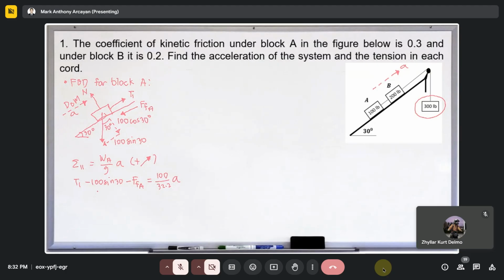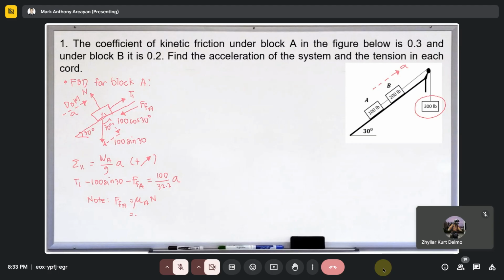Here, class, we can still solve for the frictional force. Remember that the frictional force is equal to the coefficient of friction at block A times the normal force. If you take summation of forces along the normal axis of our inclined plane, the normal force is just equal to the perpendicular component of the weight, which is 100 cosine 30.